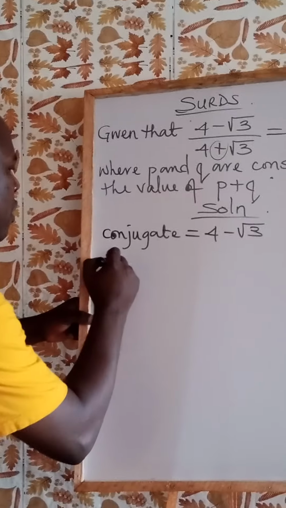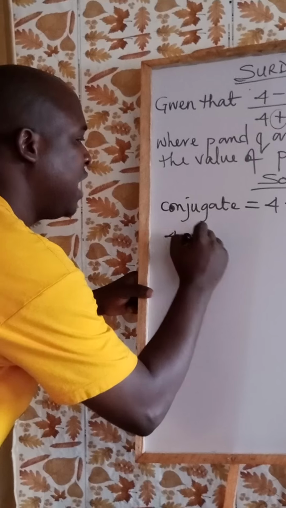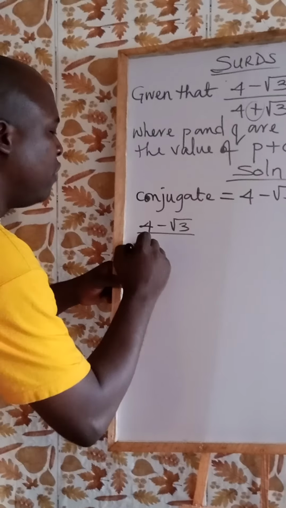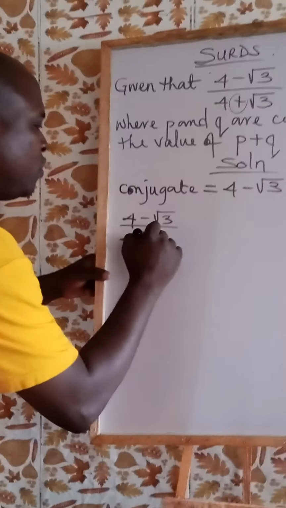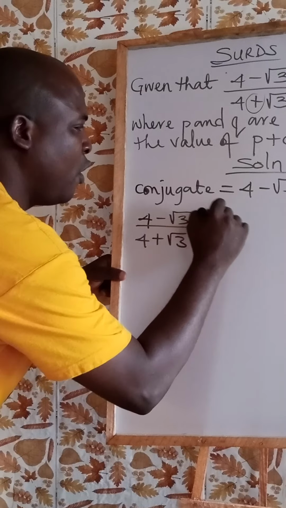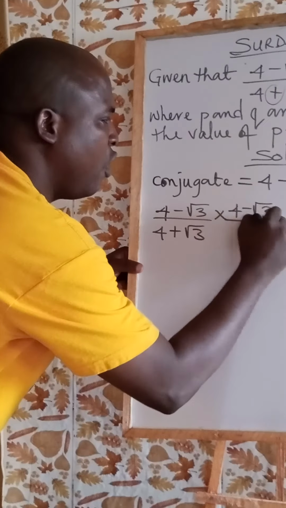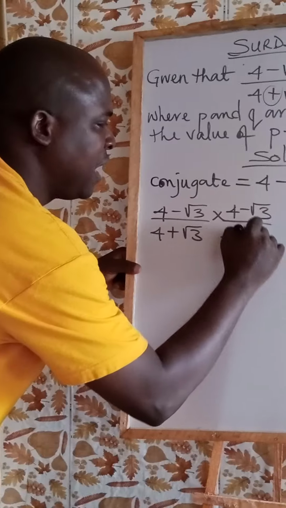If we do that, we are going to have 4 minus root 3 all over 4 plus root 3, times 4 minus root 3 all over 4 minus root 3.